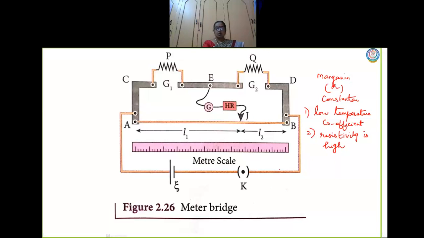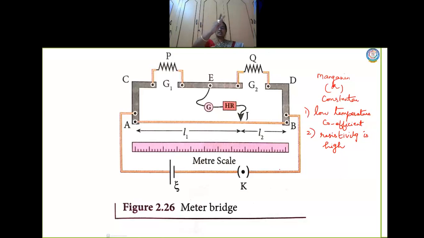Right, now what you are going to do is move the jockey on the wire. So start from A. When you keep your jockey at A, because you have a battery connected, the value of current will be low, and as you keep on sliding the jockey along the wire, there will be a flow of current in the circuit.